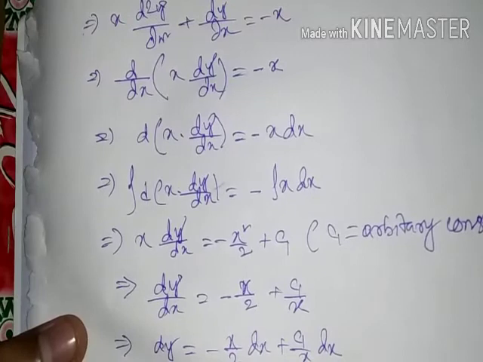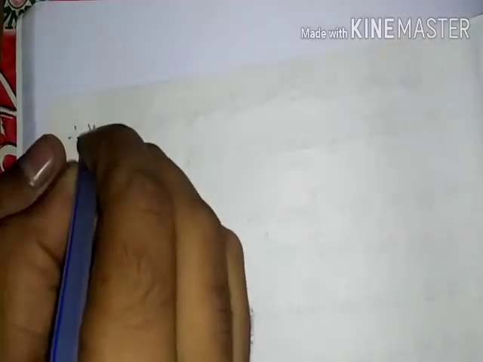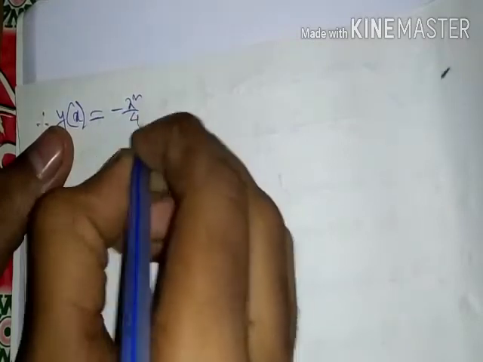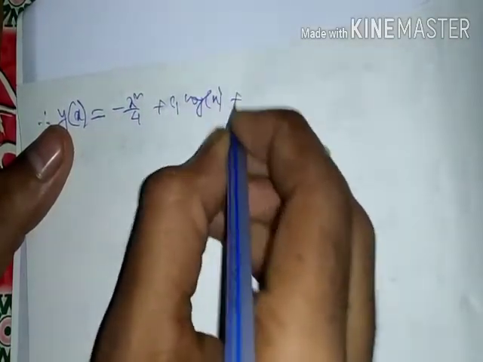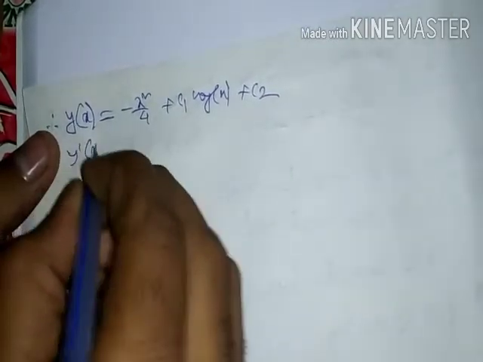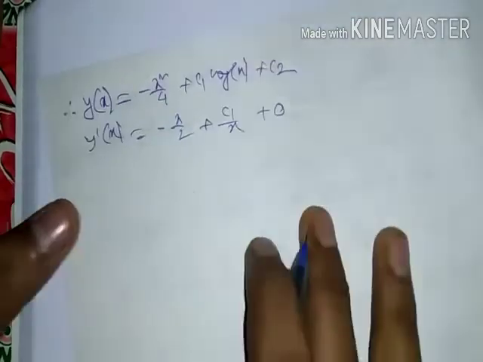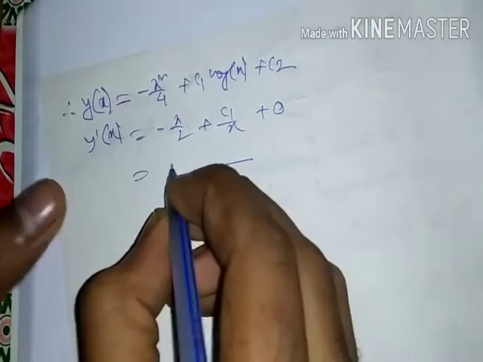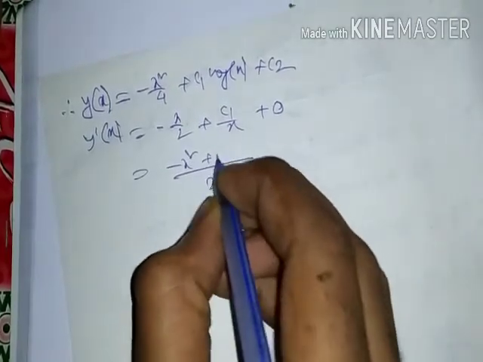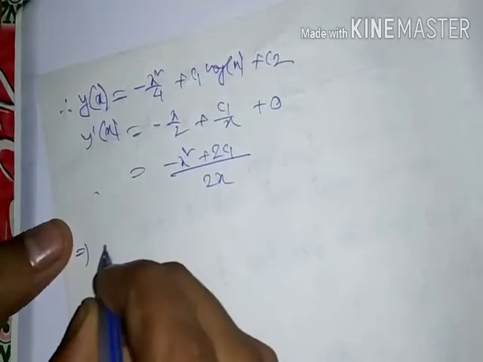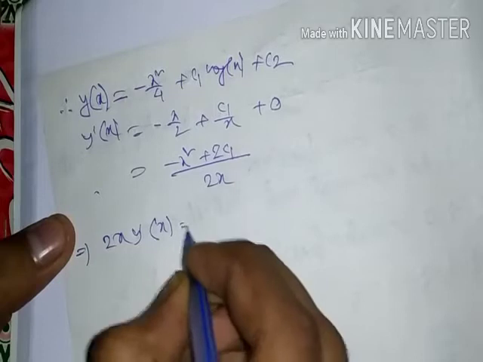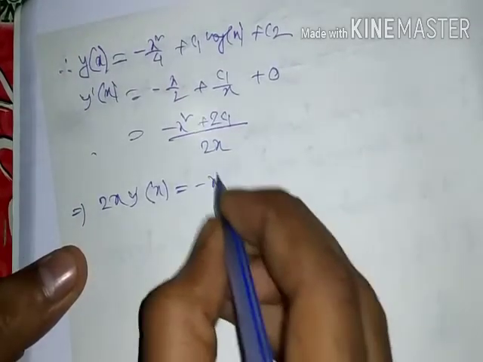Next we differentiate this. Given y of x equal to minus x square by 4 plus c1 log x plus c2, y dash x equal to minus x by 2 plus c1 by x, which equals minus x square plus 2c1 by 2x.